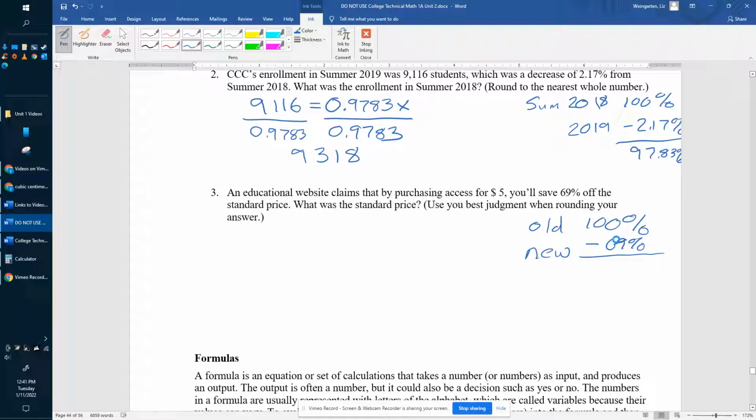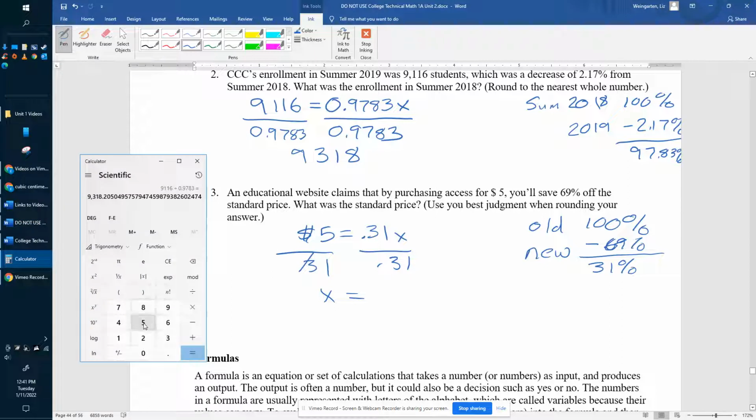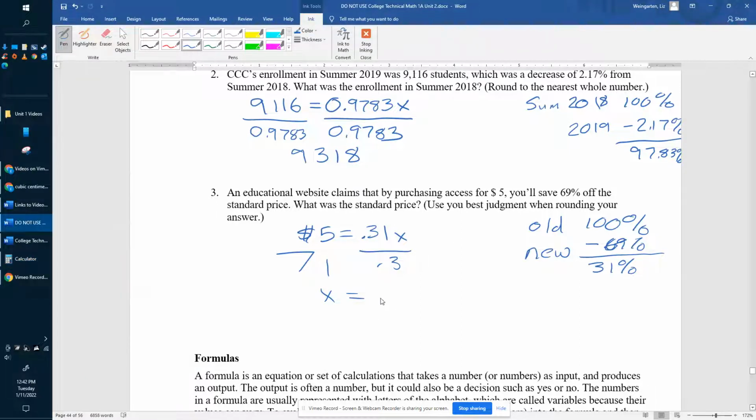So that's going to be, hey now, 31%. So they're saying that $5 is 31% of the original. So we'll divide both sides by 0.31. And we'll say $16.13 because we round to the nearest cent when we're talking about dollars.